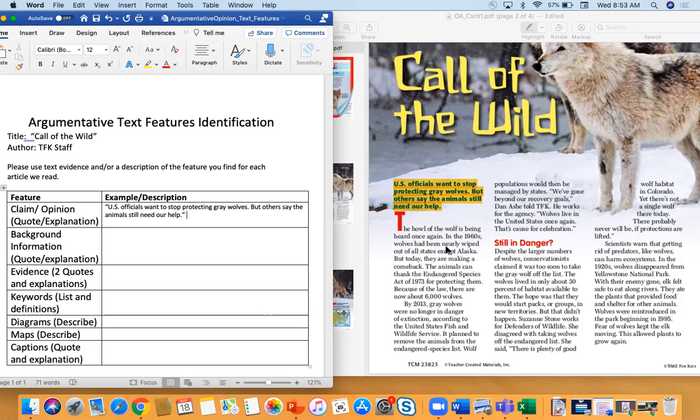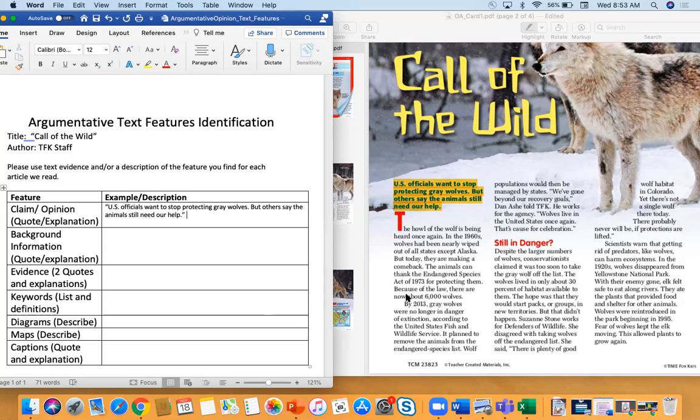Thesis. Okay. The howl of the wolf is being heard once again. In the 1960s, wolves had been nearly wiped out of all states except Alaska. But today, they're making a comeback. The animals can thank the Endangered Species Act of 1973 for protecting them.